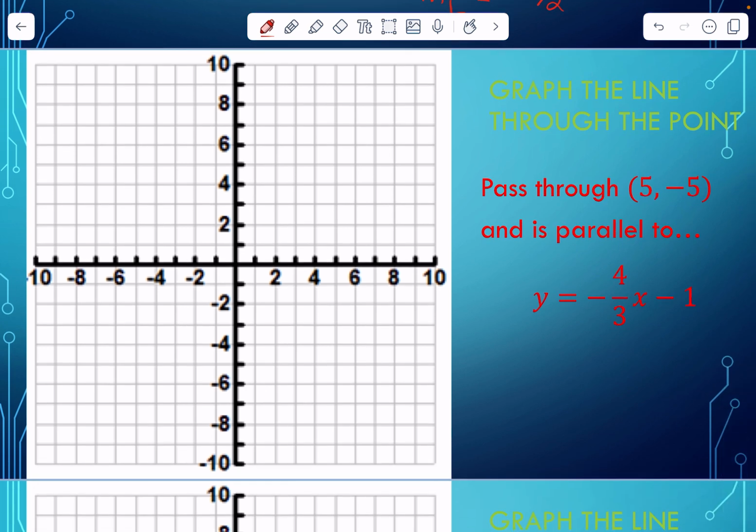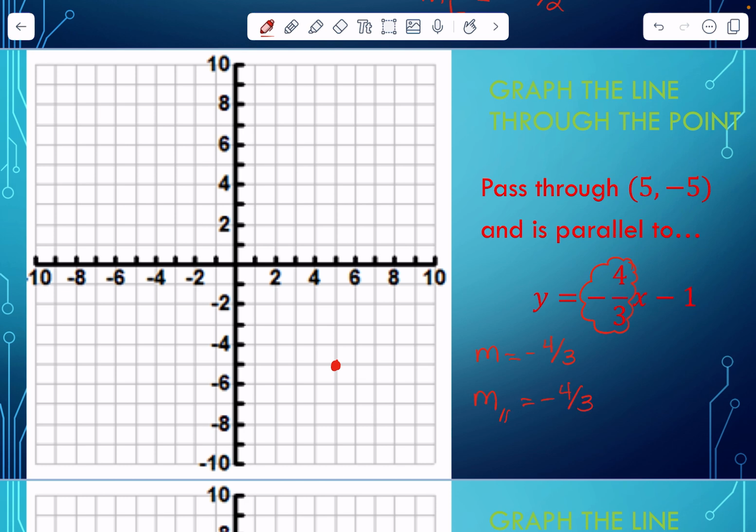Okay, so now that we know the relationship, we start taking a look at the line itself. So if I start off and I said I want to pass through the point 5, -5, the first thing I'm going to do is go to 5, -5 and put a point in there. Now, I want it parallel to this line. So the only thing I'm concerned about with this line is the slope. So the slope of the original is -4/3. So if I want the line parallel, it is identical.